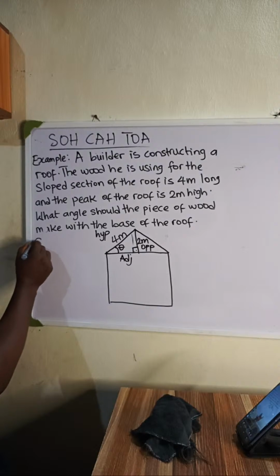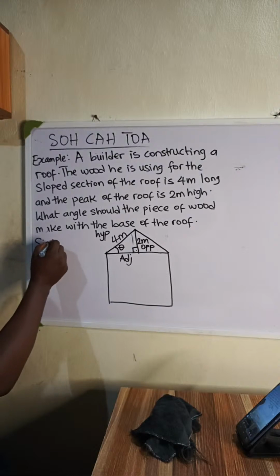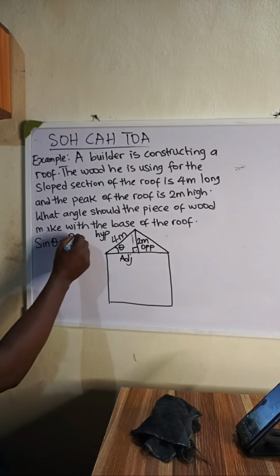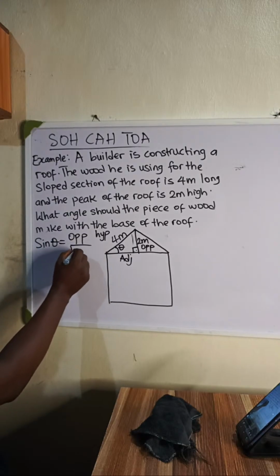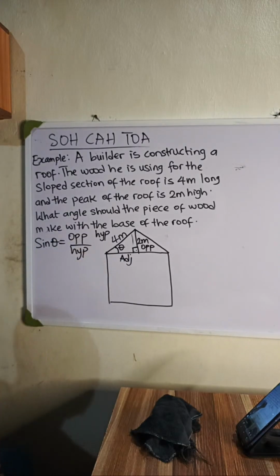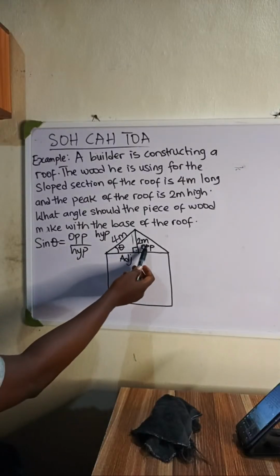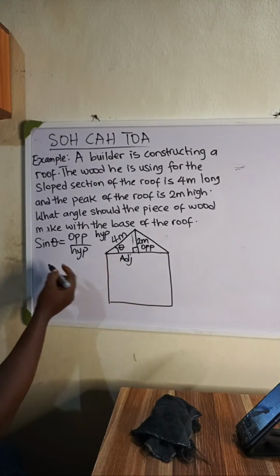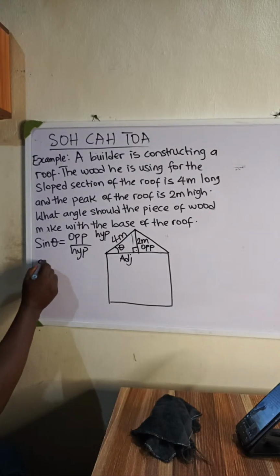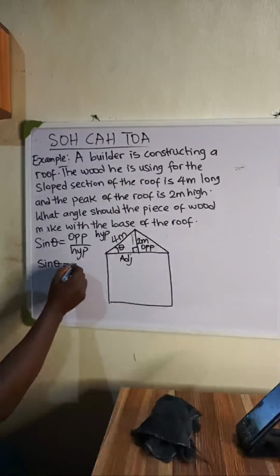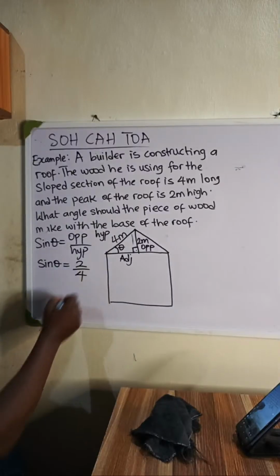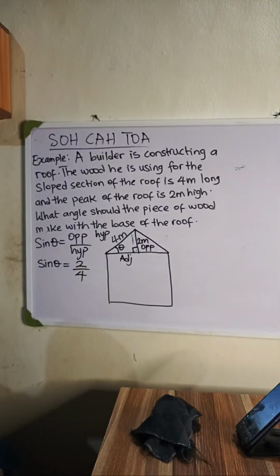So sine theta equals opposite over hypotenuse. We know that our opposite is 2 and our hypotenuse is 4. So we have sine theta is equal to 2 over 4. 2 over 4 is the same thing as 0.5.